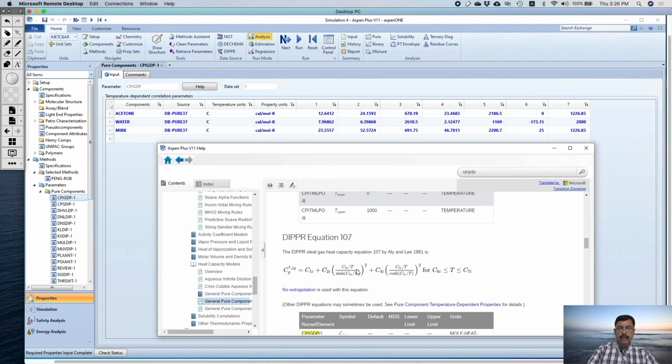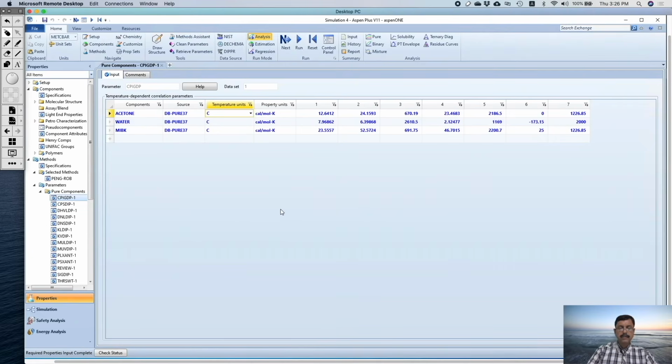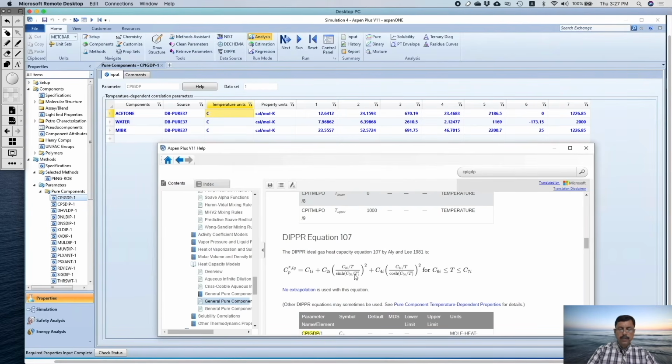Then the only thing that you need to do is to put the temperature value. So whatever is the temperature value you put over here, the temperature unit is C. So the moment you put the value of temperature T, the entire equation is defined. You will get the value of Cp. That means the ideal gas heat capacity of acetone at that particular temperature.